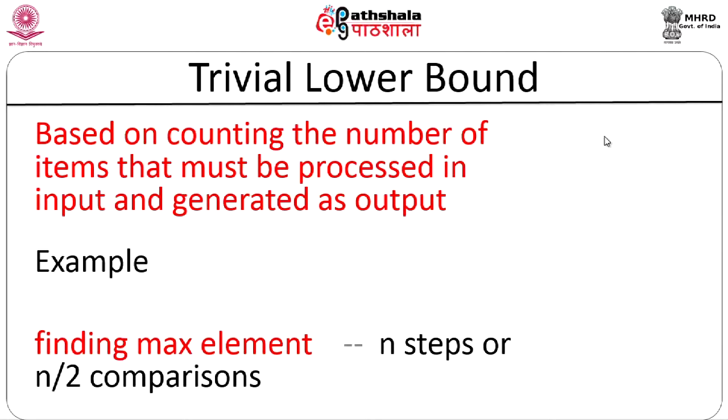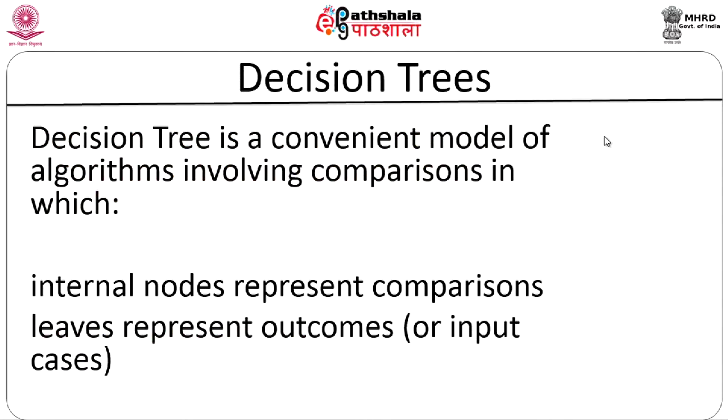This is the trivial lower bound. It is trivial in the sense that we can't extend this idea to a larger problem. Therefore, we go for something like decision trees.